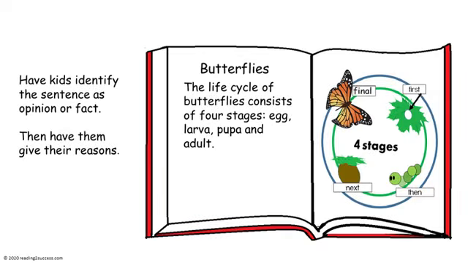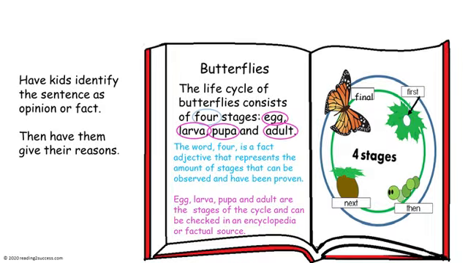Here's another example of a sentence. The life cycle of butterflies consists of 4 stages: egg, larva, pupa, and adult. That sentence was a fact sentence, and some of the reasons given by kids were: the word four is a fact adjective that represents the amount of stages that can be observed and have been proven, and many of them said that they did that in kindergarten.